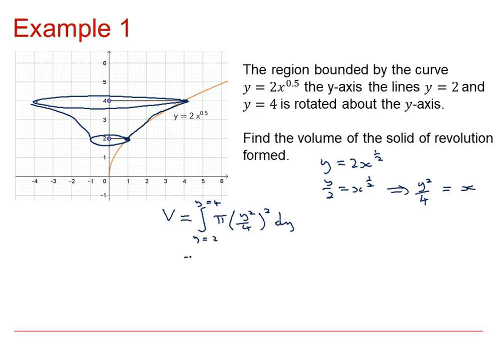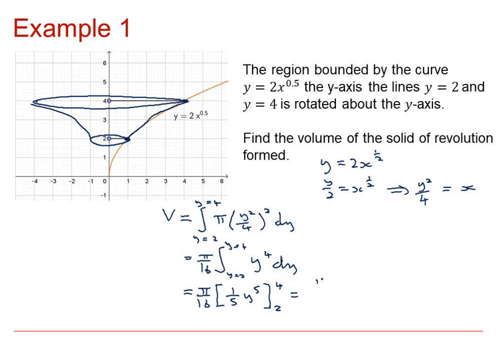So the volume is, I'm going to take the pi over 16 out as a common factor, the integral from y equals 2 to y equals 4 of y to the power 4 dy, which is pi over 16 times, doing the integration with respect to y, a fifth y to the 5 from 2 to 4.